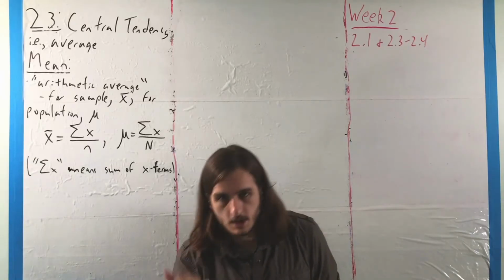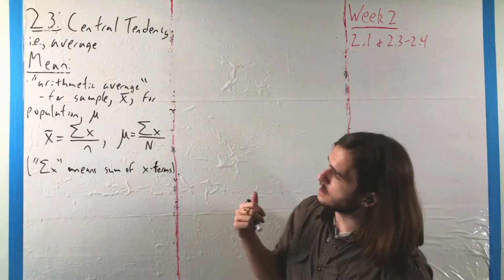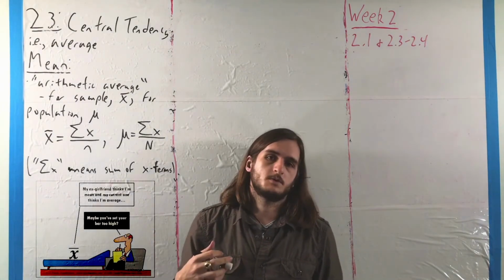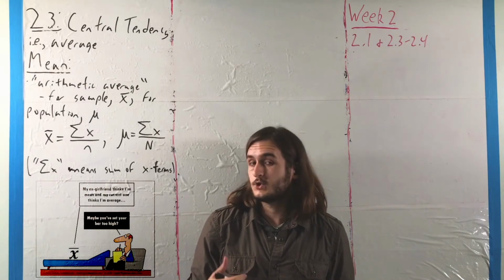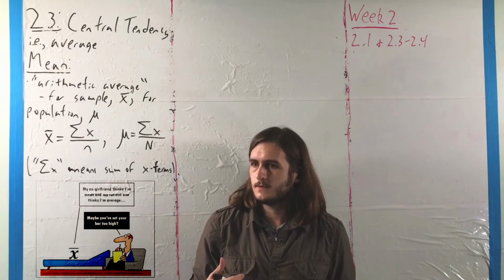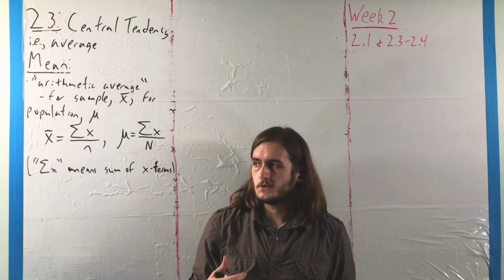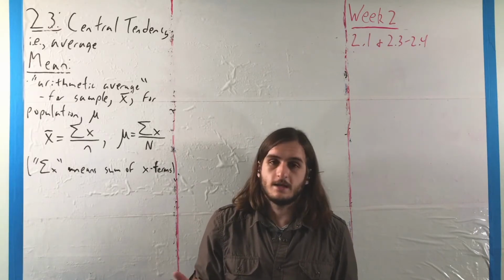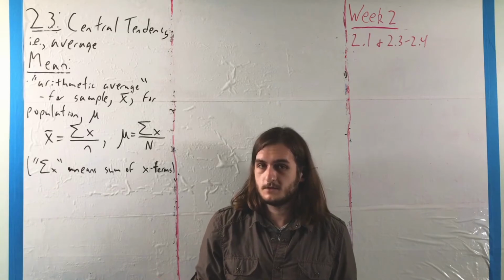And the place we're going to start is with the mean. The mean is probably what most people think of when they initially think of an average. In Excel, for example, when you compute the mean, you just tell it to compute the average.